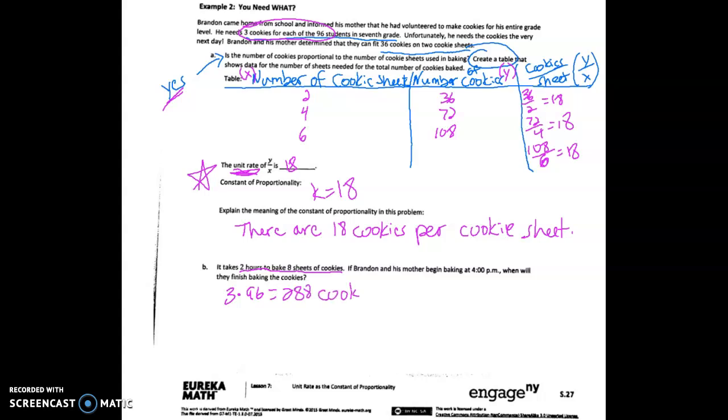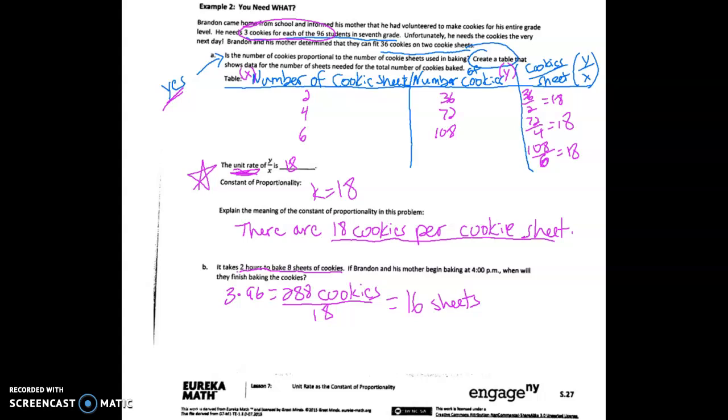That's the total number of cookies I need. We know that there are 18 cookies per cookie sheet, so if I have 288 cookies and I divide that by 18, that'll tell me how many sheets of cookies. And if you figure that out, 288 divided by 18 is 16. So I have 16 cookie sheets I need.